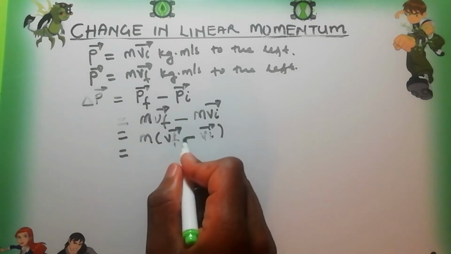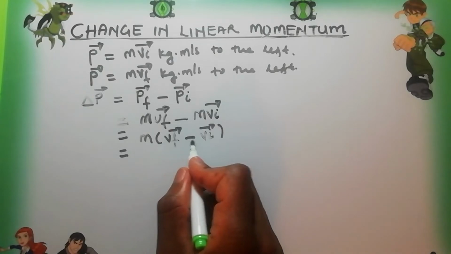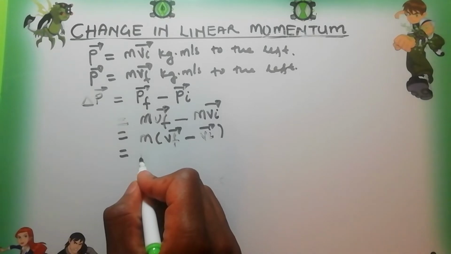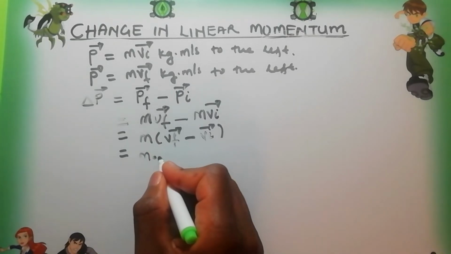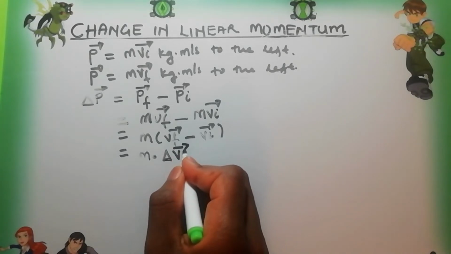This indicates change in velocity, because it is velocity final minus velocity initial. So we can say m multiplied by change in velocity.